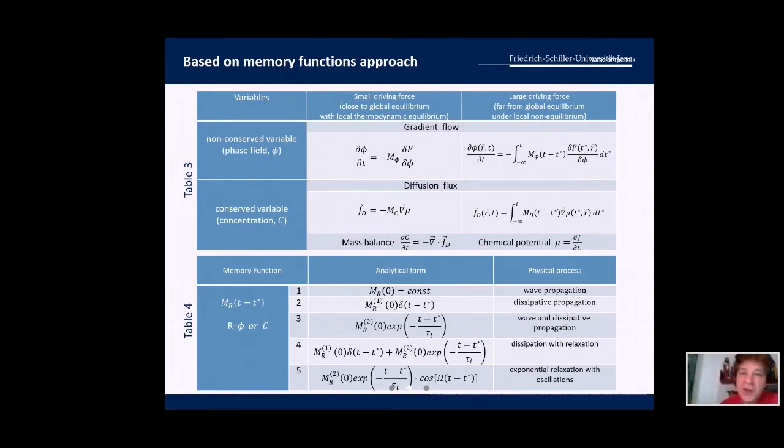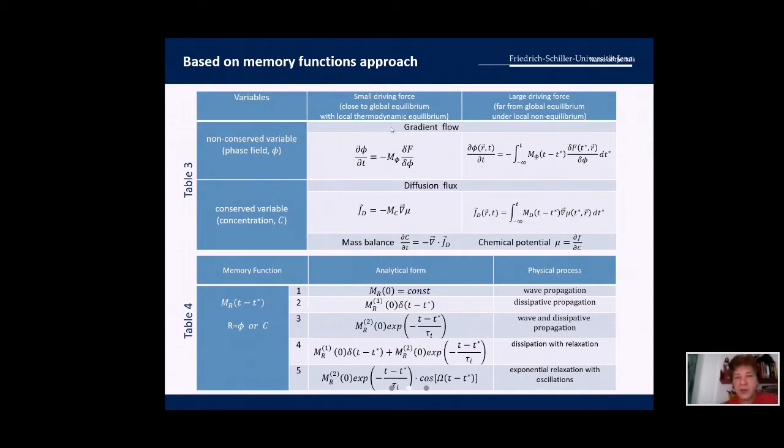However, if we have a large driving force, far from global equilibrium and with local non-equilibrium, then we have to take into account all contributions from the past.